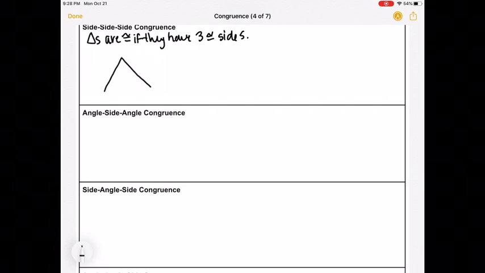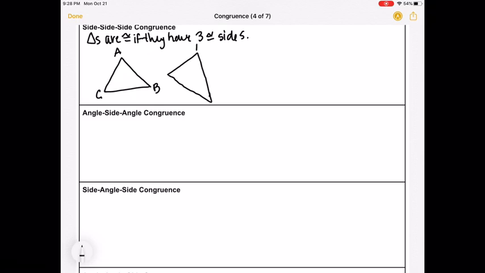So if I have ABC here and maybe DEF. And I'm trying to make these look congruent, but they may not be perfect. So you want to look at what sides are matched up here, okay?